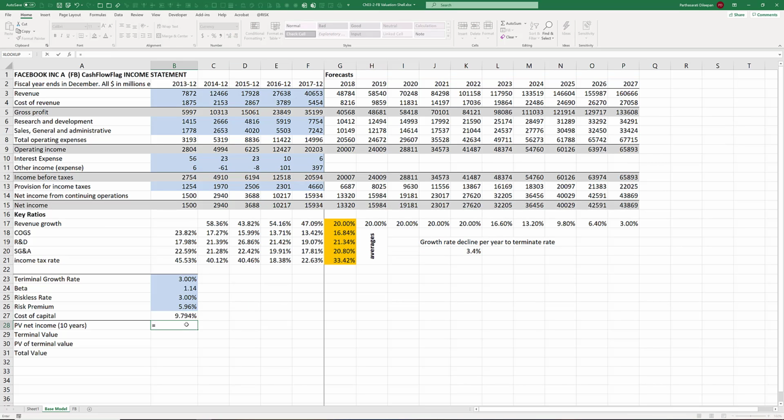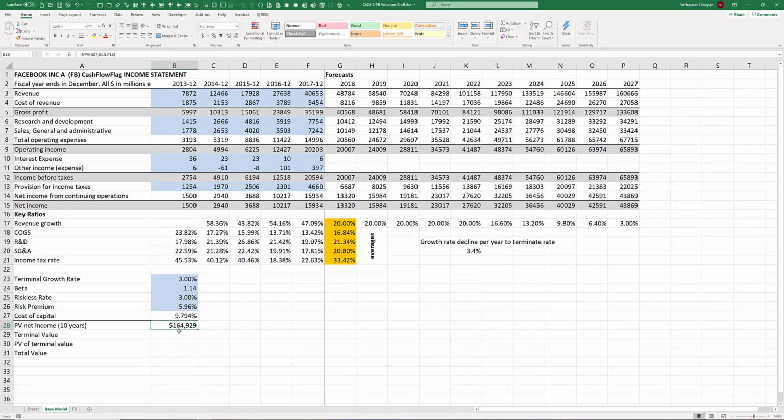So net present value in Excel is NPV, and the rate, and the expected income. Okay, so that's going to give us the present value of net income for the next 10 years. So remember, all are in millions. So that's your present value for 10 years.